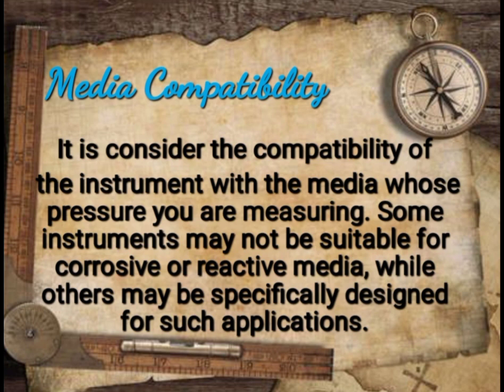So, selecting for media compatibility in pressure measuring instruments is important to ensure that the instrument's materials and construction are suitable for the specific characteristics of the media being measured, such as corrosiveness, viscosity, contamination, and etc. It also prevents damage or malfunctions and ensures accurate and reliable pressure readings.